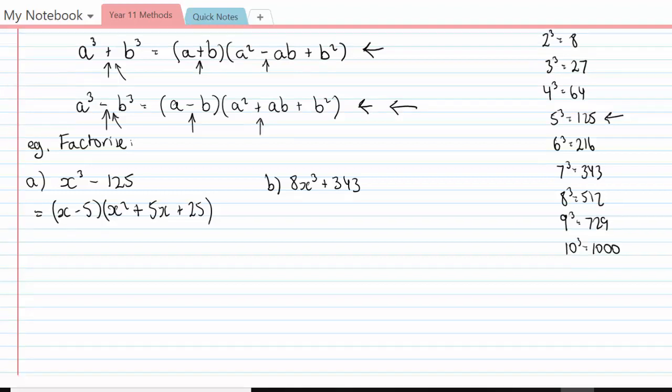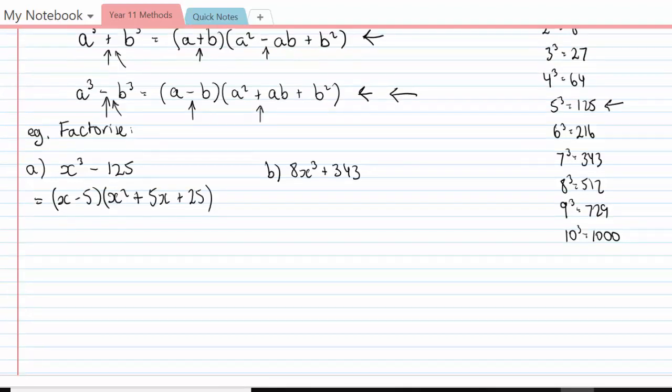All right. So to do the other part of this, 8x cubed plus 343, we need to recognize that 8x cubed is the same as 2x all to the power of 3, and 343 is 7 cubed.